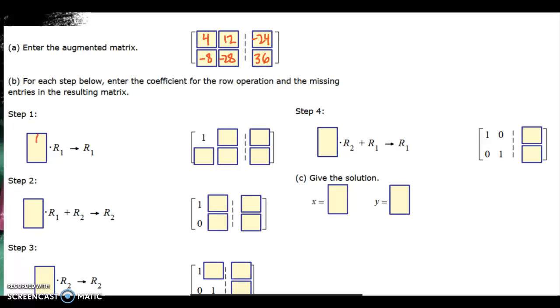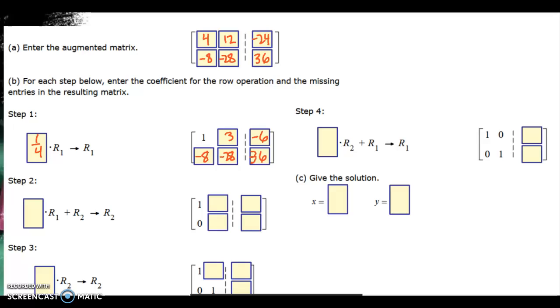I'm going to take 1/4 times row 1 and replace row 1. So 1/4 times 4 was 1. 1/4 times 12 is 3. And 1/4 times negative 24 is negative 6. So that's row 1 being replaced, but I haven't done anything with row 2, so this is still negative 8, negative 28, and positive 36.